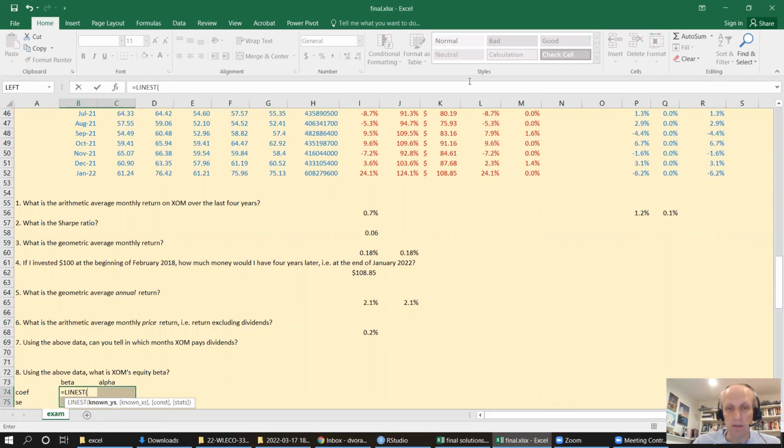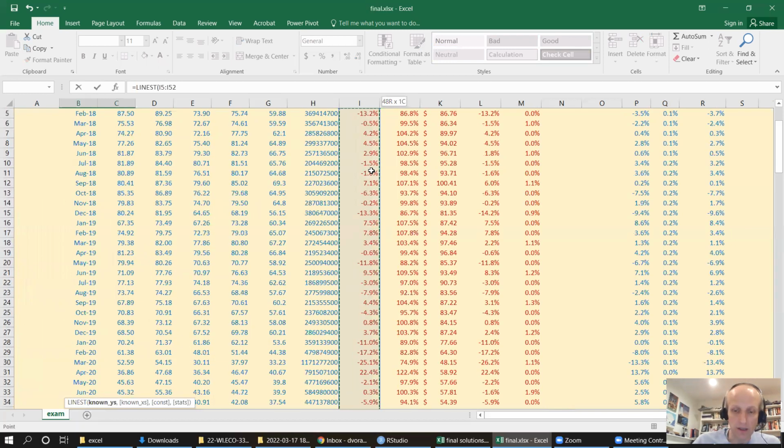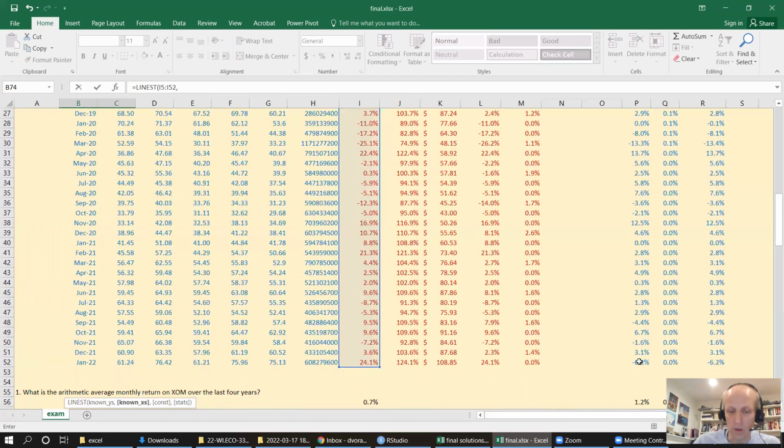What is the dependent variable? The dependent variable is the return on Exxon. The independent variable is the return on the overall market.